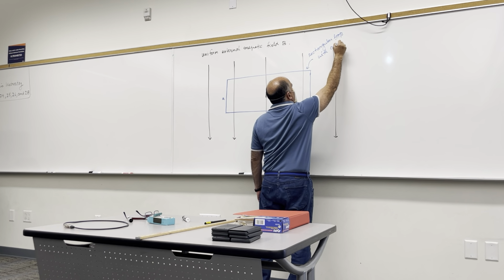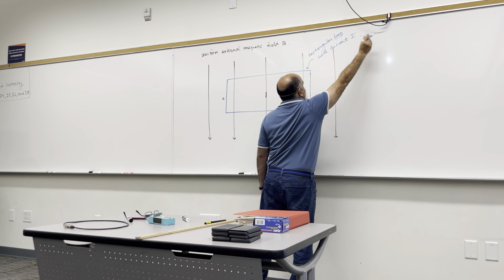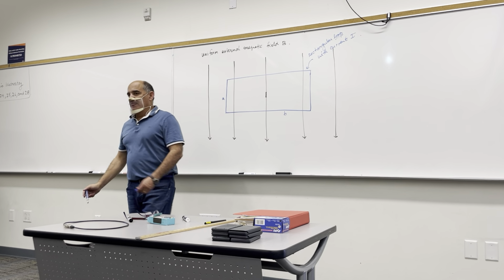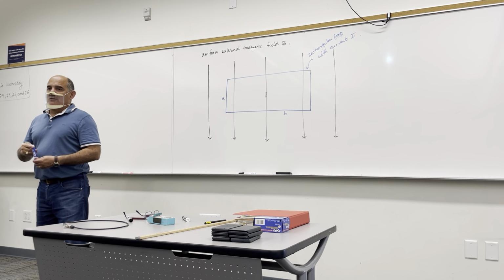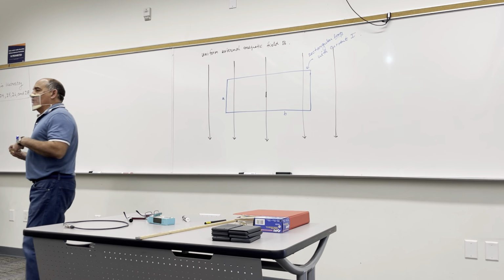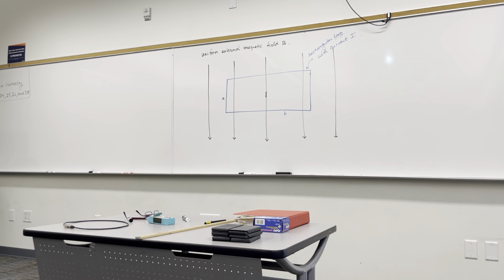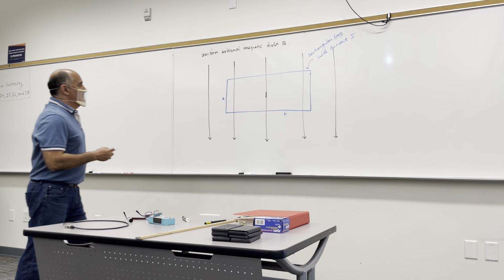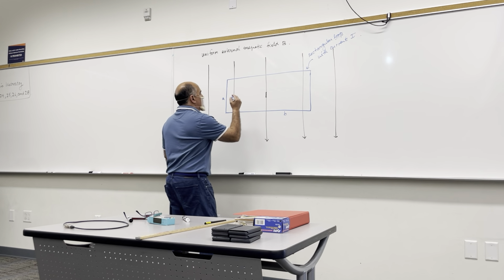And suppose that this rectangular loop has a current in it. So in which direction would you like that current to be around that loop, clockwise or counterclockwise? Clockwise, okay. So let's make it clockwise.